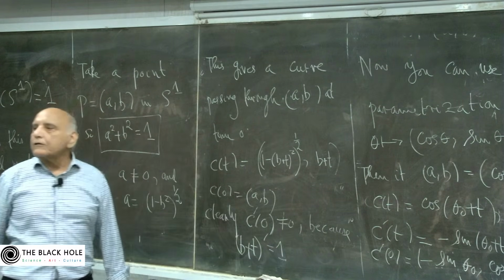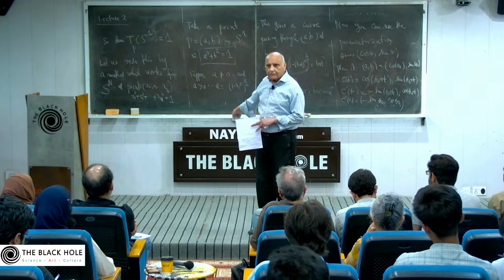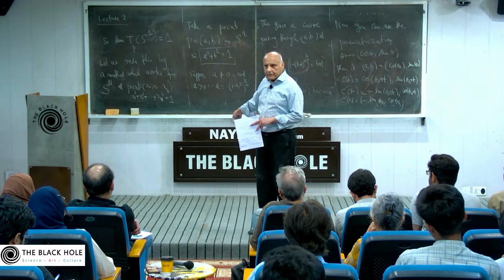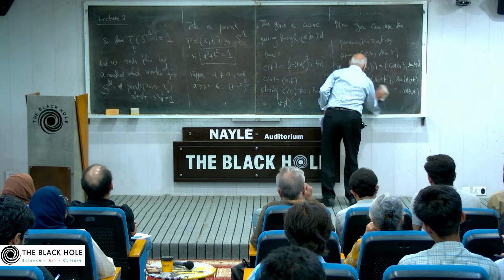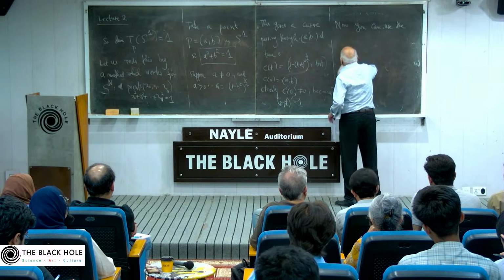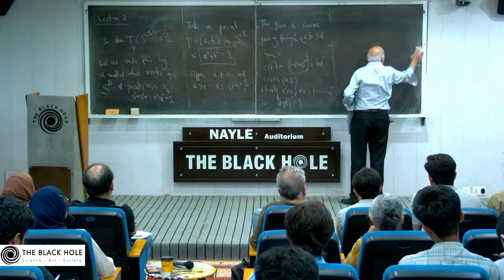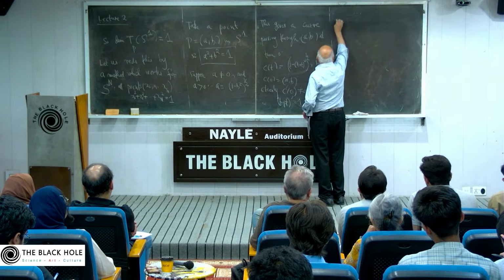So this shows that, I showed to you that the dimension of the tangent space is at most 1, and now I have exhibited to you a curve with a non-zero tangent. I have gone to this great length because the same method works. I'll show it to you. Same method.